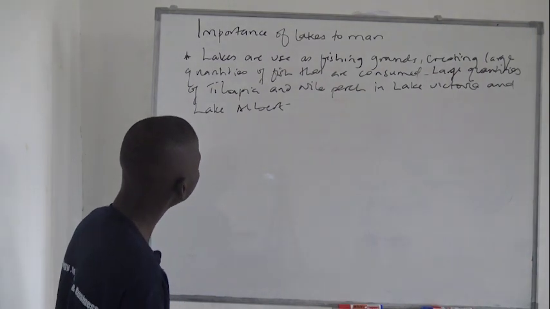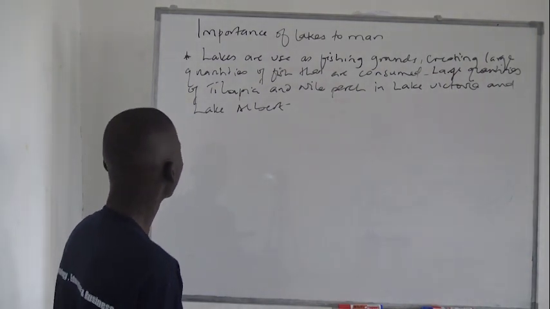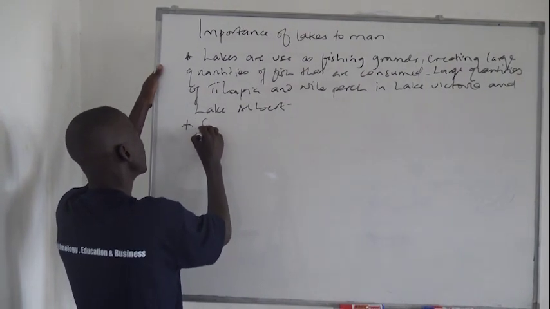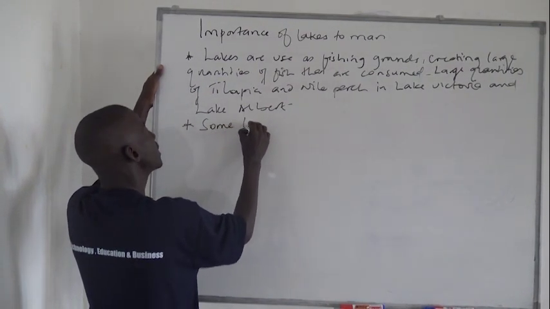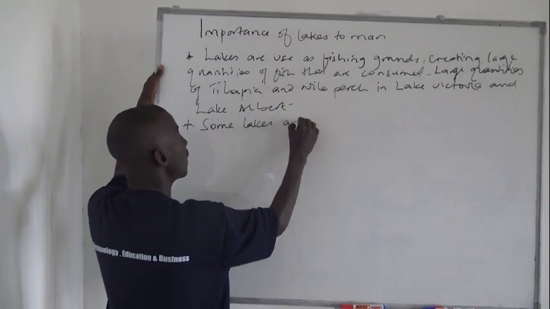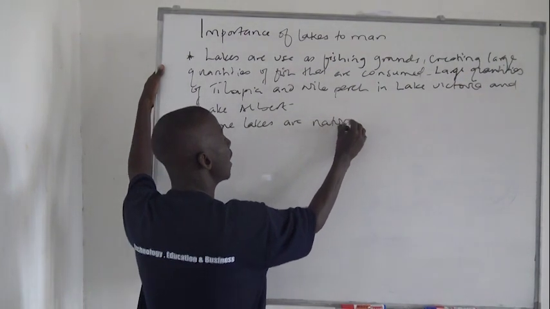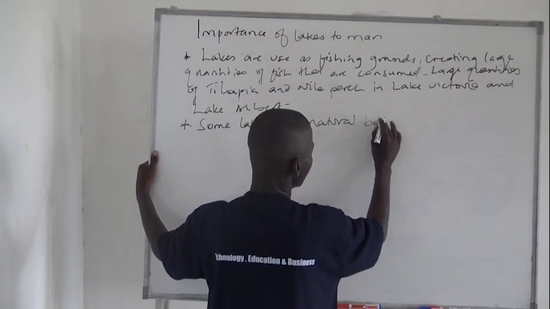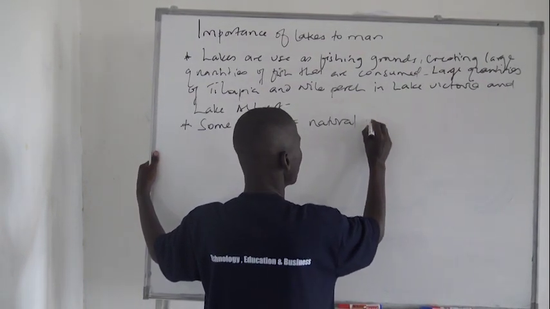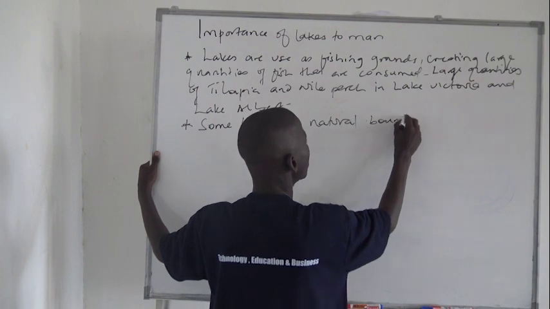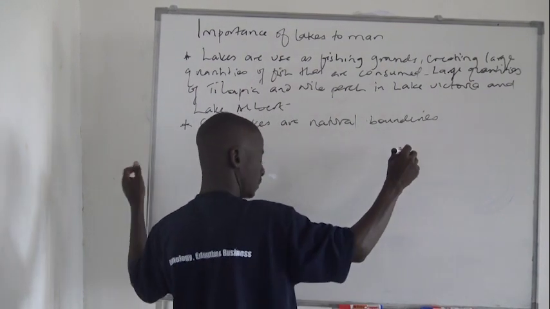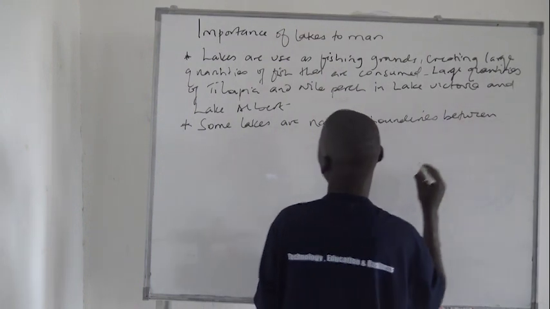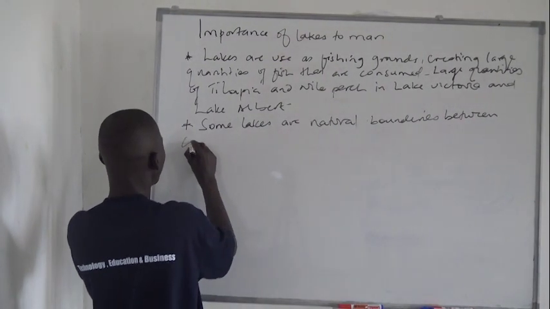That's one. So two, they are natural boundaries. Some lakes are natural boundaries between countries.